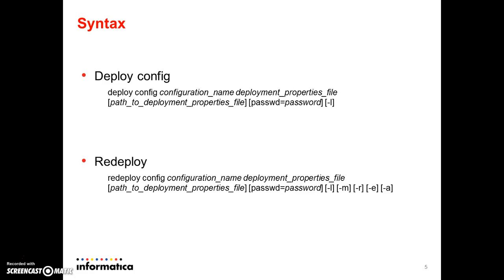E deploys only changes in the extract range. A includes all the changes. That is, this parameter deploys all the configuration changes. If you are using -A, then it should not be used along with other options.